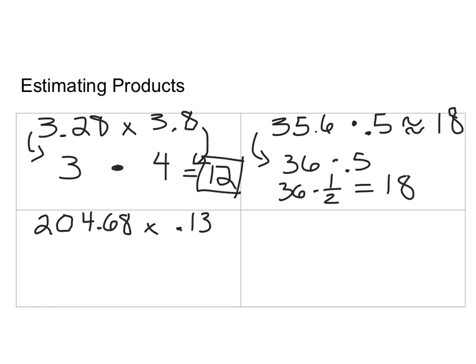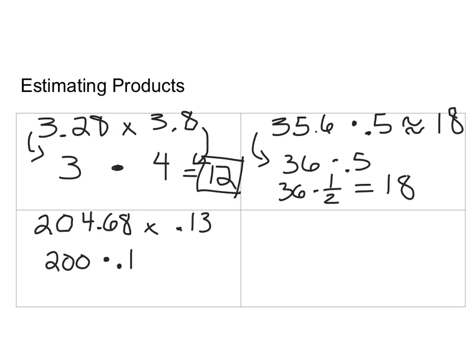Next, let's try 204 and 68/100 times 13/100. Pause, round, estimate. Did you change it to 200 times 0.1?